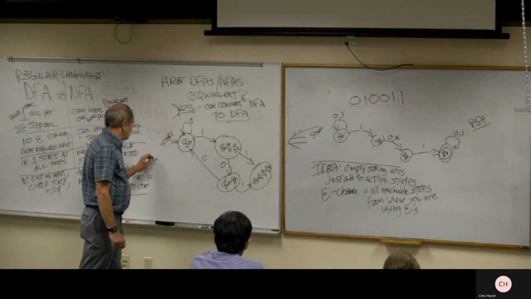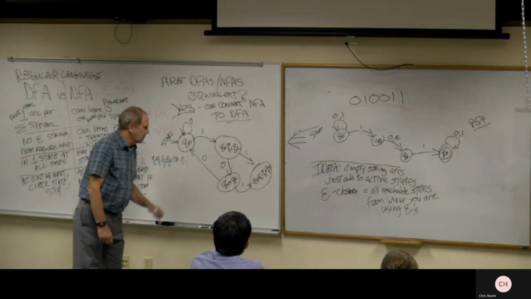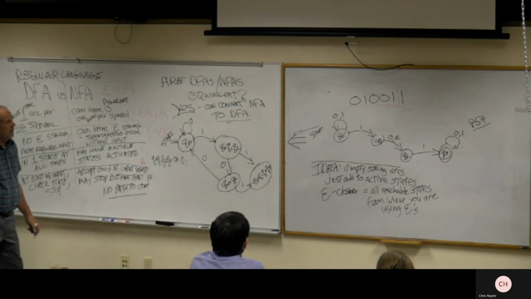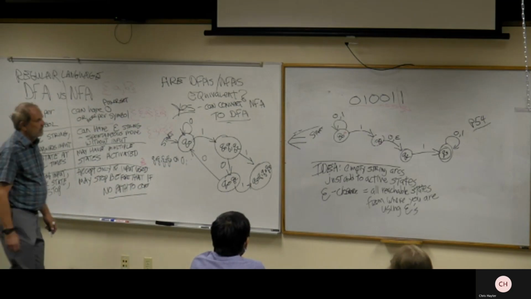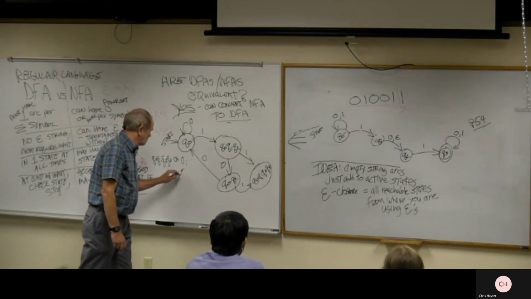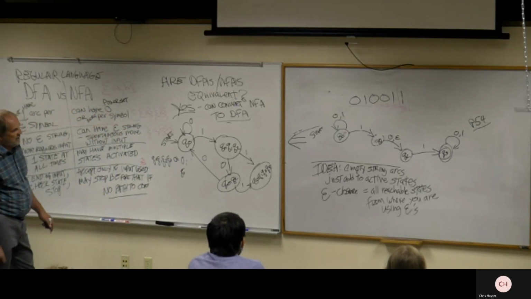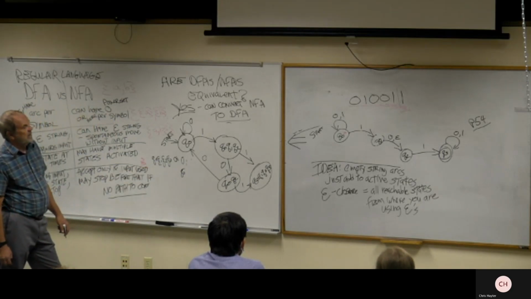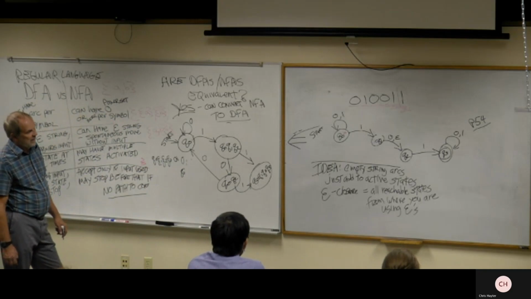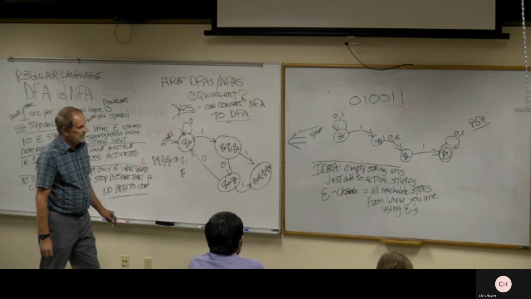So Q1 on a 0 gets me Q2, and the epsilon doesn't add anything to that. If I was in Q1, I could epsilon to Q2, and then if there was a 0 there, I could go further, but not the case, so we just go back to Q0, Q2.